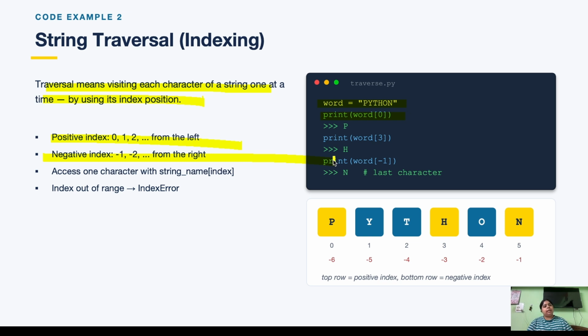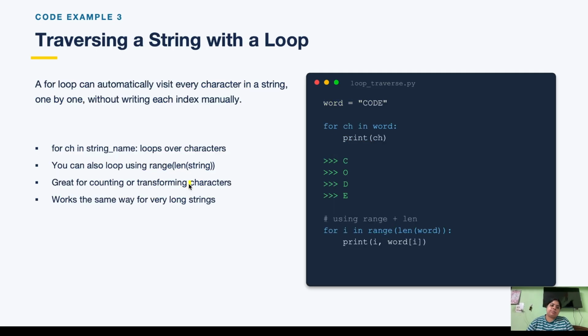Same goes for indexing. It accesses one character at a time, and yeah, index out of range. When you put something which is not available, let's think there is no negative integer in that, and you put -1, so it will show index error.